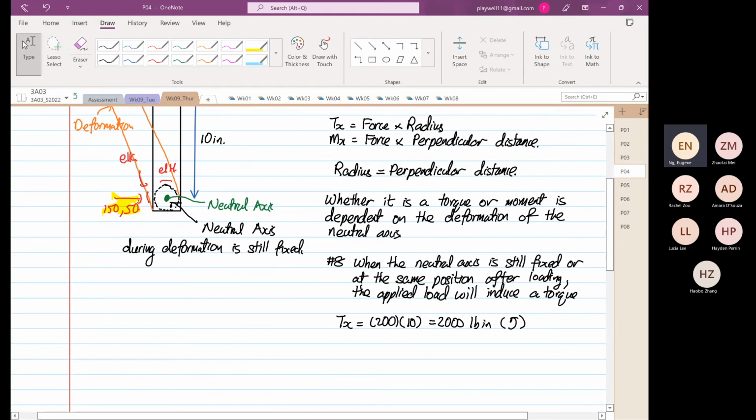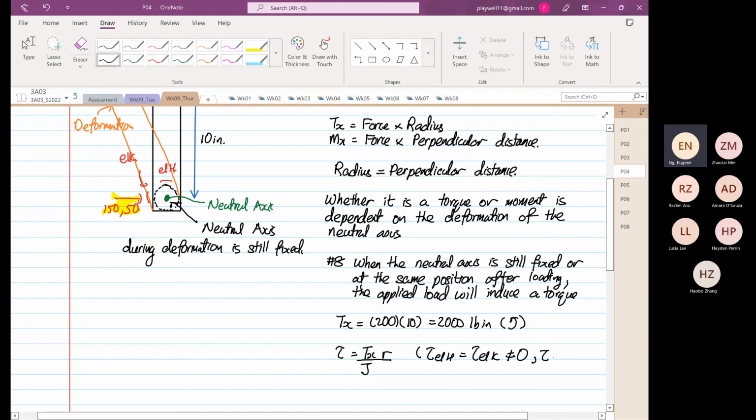Okay, so when you look at the formula, the shear stress is equal to Tx over the polar moment of area multiplied by radius. The shear stress at element H is equal to the shear stress at element K, and it's not equal to 0.